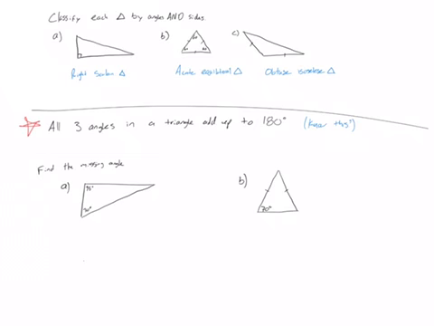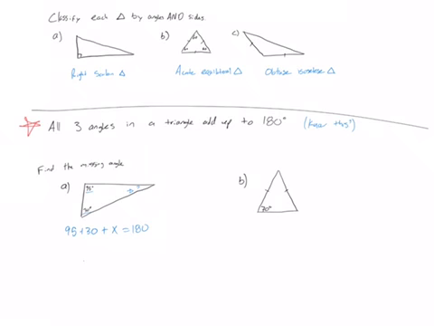So since I'm missing an angle over here on A, it says find the missing angle. I know that 95 plus 30 plus whatever that one is should add up to 180. So that's what I'm going to write. I'm going to say 95 plus 30 plus, I'm just going to call it x, is equal to 180.